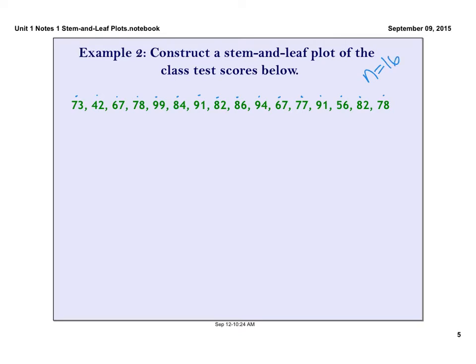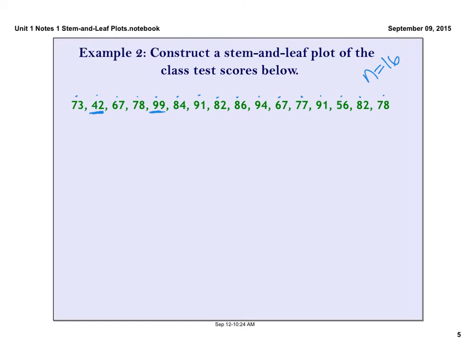The next thing to take note of is to make sure that I appropriately label my stems. So all of my data has a tens place and a ones place. If I look for the lowest one, my lowest one appears to be 42. And if I look for the highest one, my highest one appears to be 99. So I'm going from 42 up to 99.